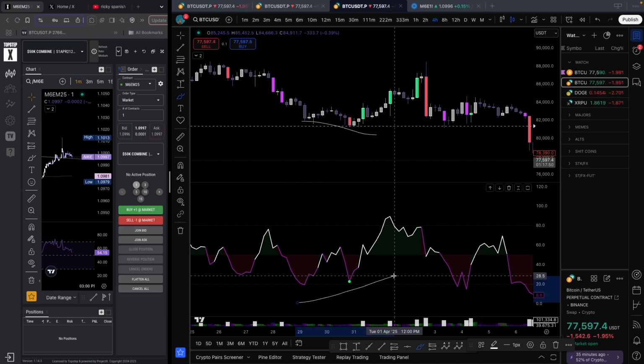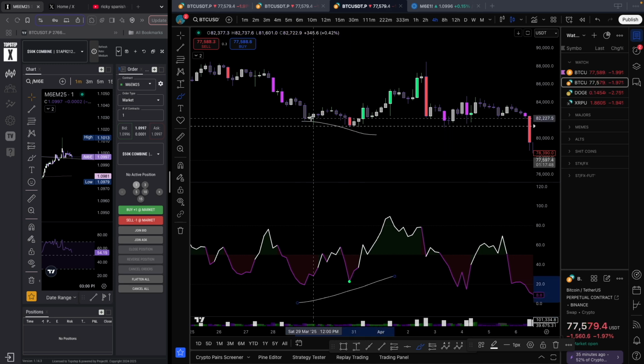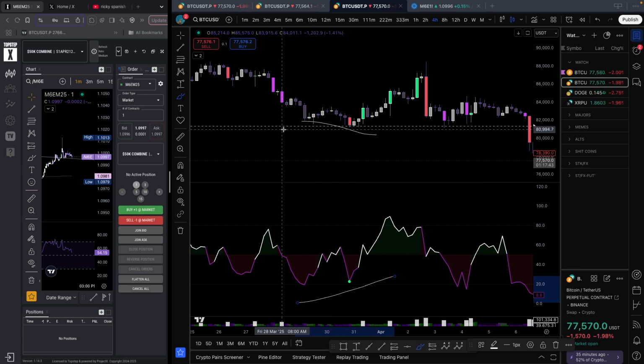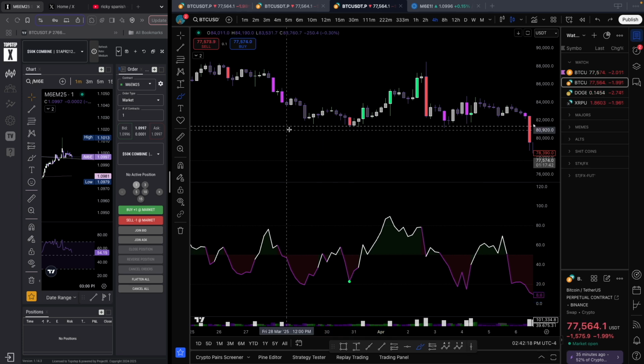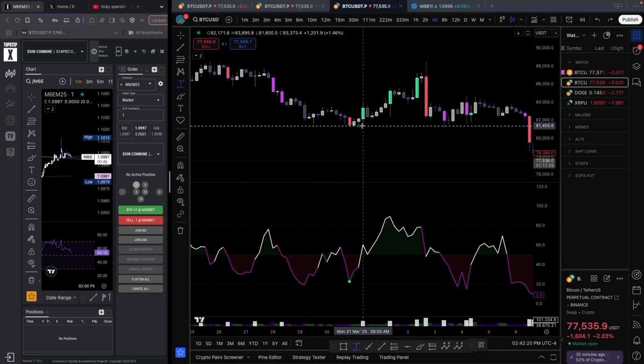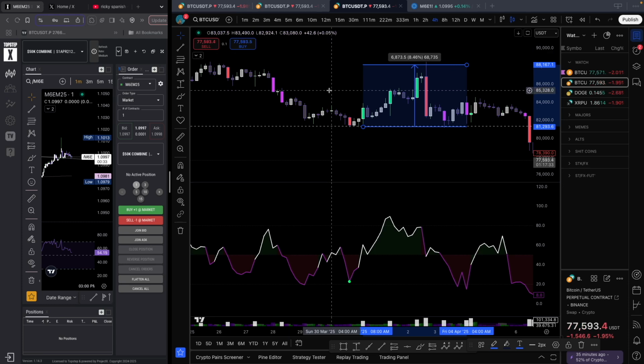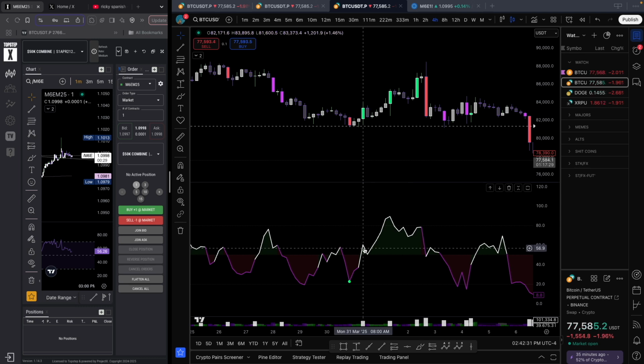Bullish divergence, lower low, no lower low on the oscillator, bullish divergence. And that would have got you in a pretty decent sized trade. Excuse me. I mean, instant reversal on the next candle.